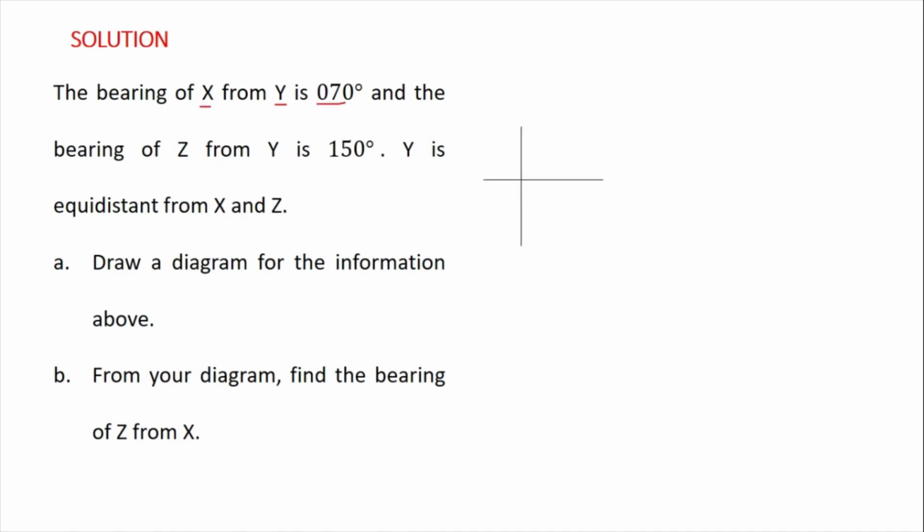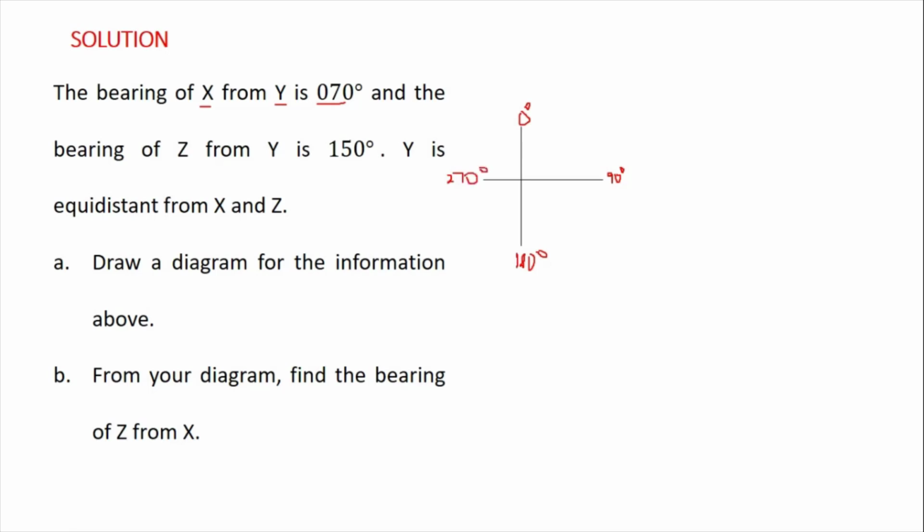So to begin, we draw our x and y plane here. We know that on our x and y plane, this side here is 0 degrees, here is 90 degrees, here is 180 degrees, and here is 270 degrees.